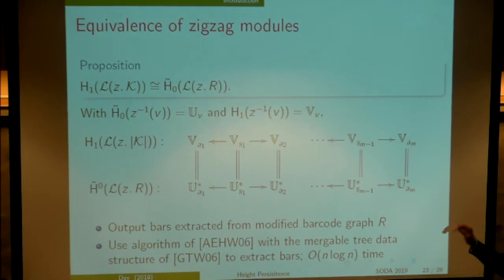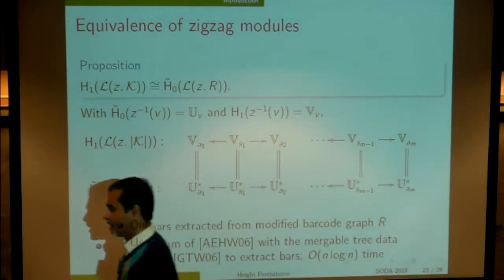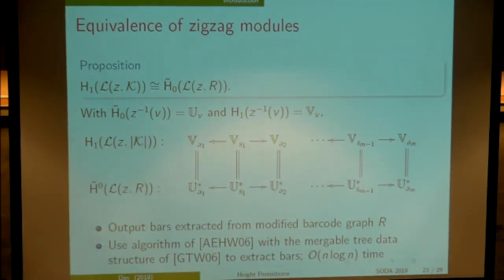To compute the bars from the graph, I use the algorithm of Agarwal, Edelsbrunner, Harer, and Wang, who devised it for surfaces in R3, not R3, for surfaces. I think this algorithm is usable in general for complexes, but with that modification, it runs in n log n time. So you can extract bars from the graph in n log n time.